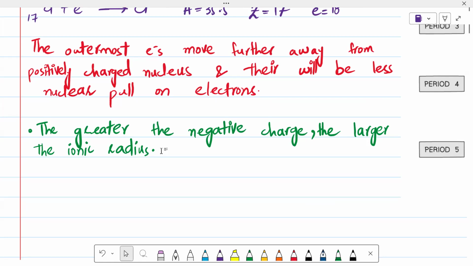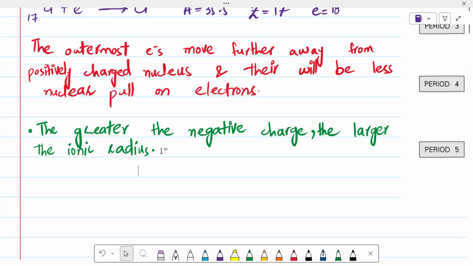Firstly you will tell that the electron will be added in the outermost shell, right? Then there will be repulsion between the inner shell electrons and the outermost shell electrons. And due to this repulsion, the outermost shell will be farther apart from the central nucleus. And this is how there will be an increase in the ionic radius.